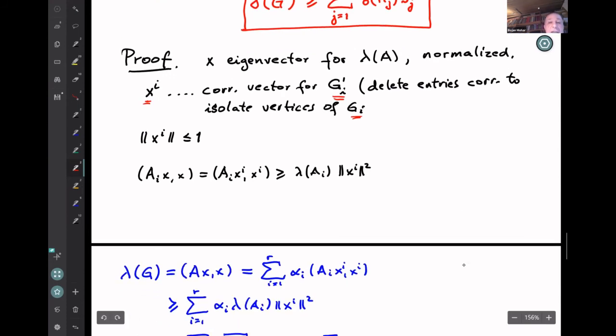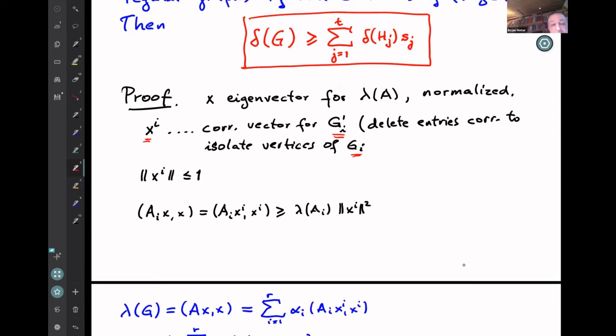But the following is still true. If you take the quadratic form of the adjacency matrix of G_i prime, it's actually the same matrix because we just deleted the zeros corresponding to the isolated vertices. This quadratic form gives us an upper bound on the smallest eigenvalue.